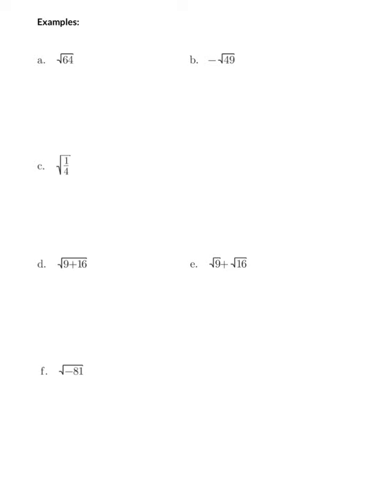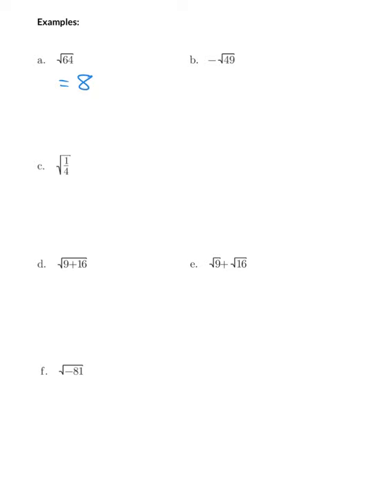Let's start off with some basic examples. If we look at a, we have the square root of 64. In order to calculate the square root of 64, I want to know what squared equals 64. Since 8 squared is equal to 64, the square root of 64 is equal to 8. Let's look at b.